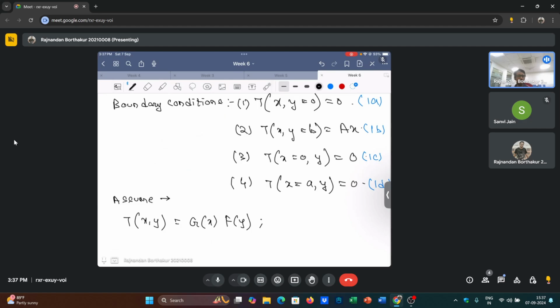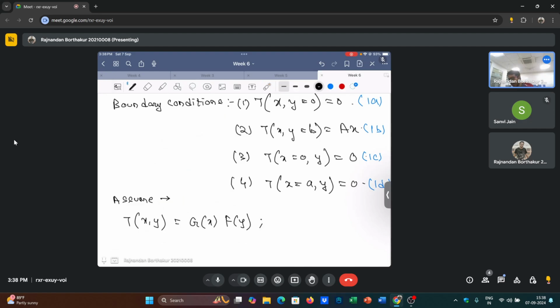As the name suggests, we have separated the temperature variable as a multiplication of a single variable in x and a single variable in y. This is the first step of the method of separation of variable.